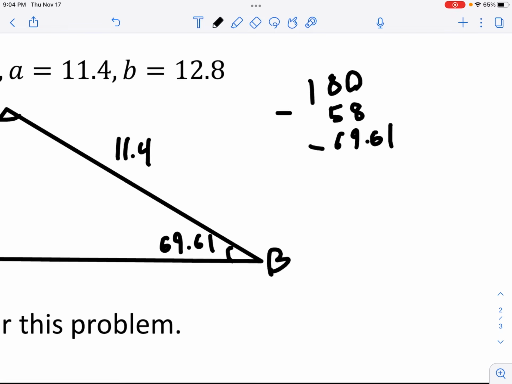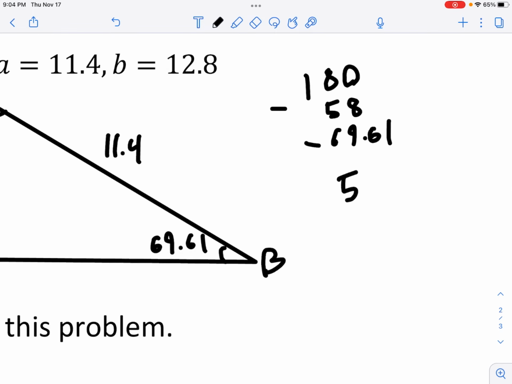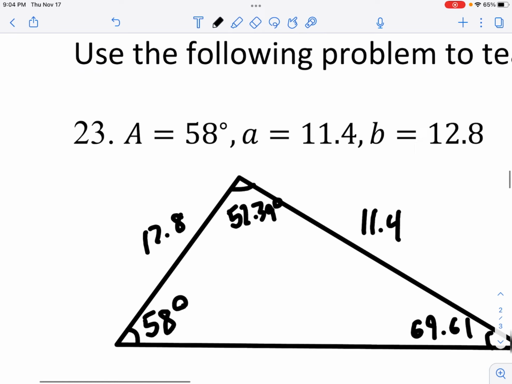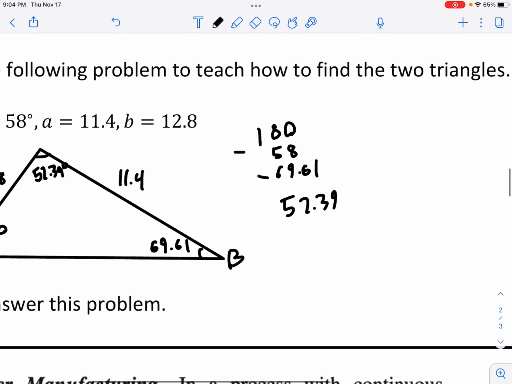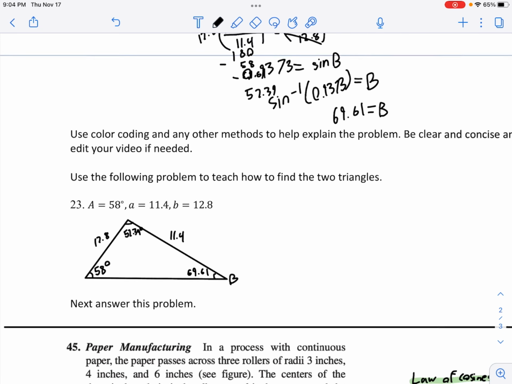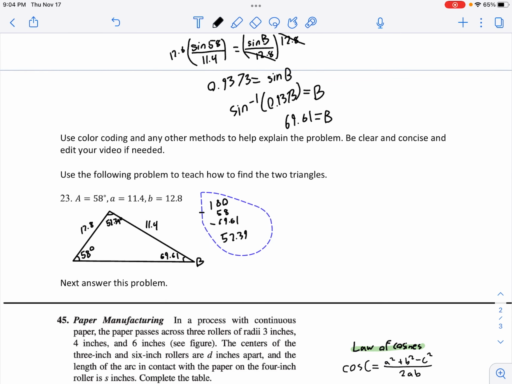It's going to be 52.39. So now we have our C, and it's 52.39 degrees. Okay, so now we have a C. We can move this. We have our C.